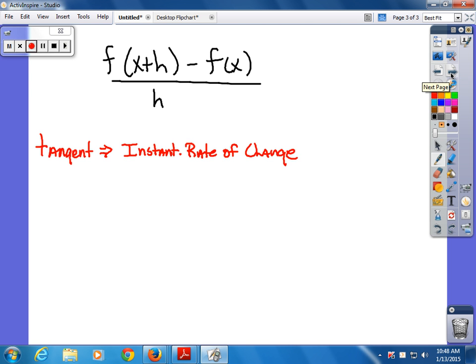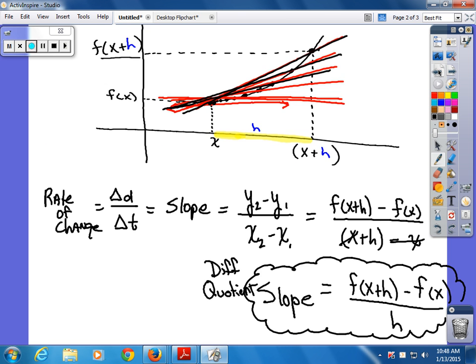So we have to apply the limit theorem because these two points are getting closer and closer and closer, and we're talking about micrometers beside each other, and that line becomes a tangent line. The way that we do that is we say the limit as h approaches 0.